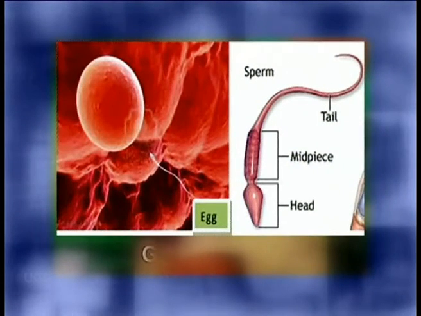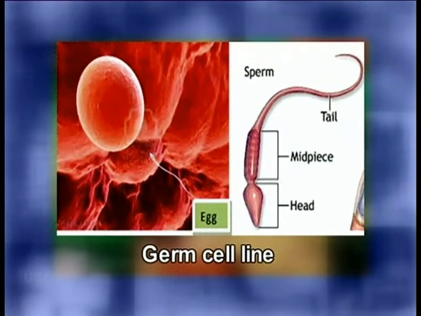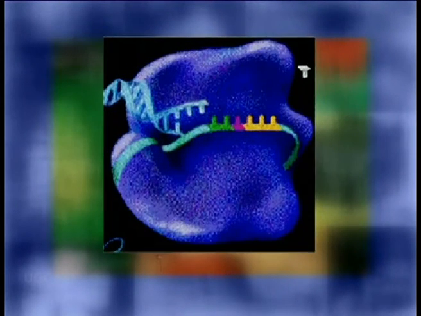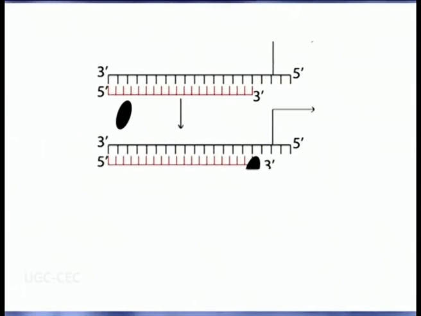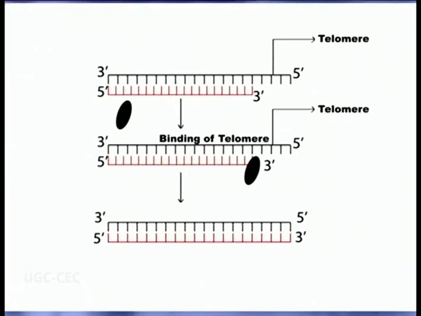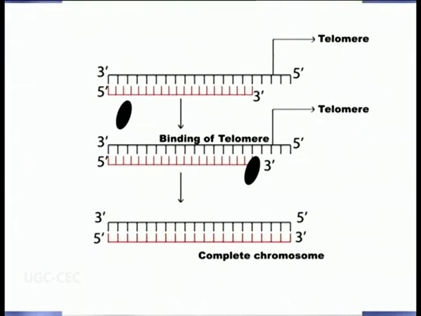But within the germ cell line, which transmits DNA to the next generation, an enzyme, namely telomerase, extends the repetitive sequence of the telomere region to prevent its degradation or shortening. Rarely, this enzyme, telomerase, may become active in somatic cells, leading to cancer formation.